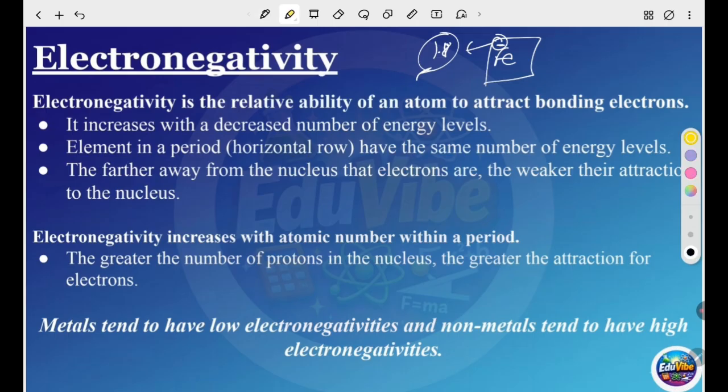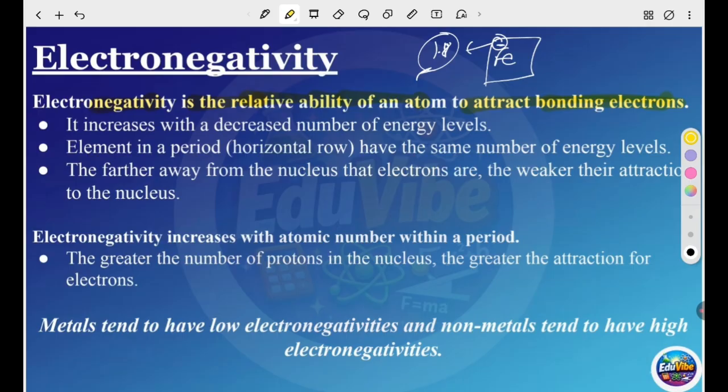So, what is electronegativity? Electronegativity is the relative ability of an atom to attract bonding electrons. The bonding electrons are attracted by this relative ability of the atom.